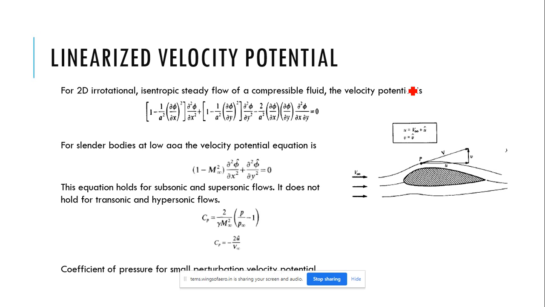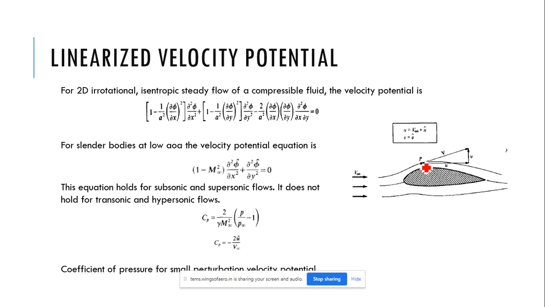But we should know what a perturbation is. Actually, normally for an incompressible flow and a compressible flow, there is a lot of difference. Even for an incompressible flow, we may consider some uniform flow over an airfoil.